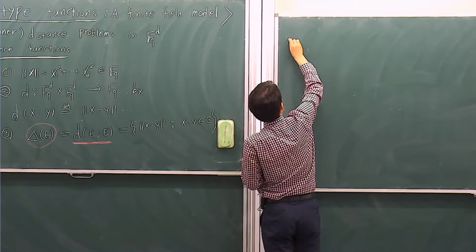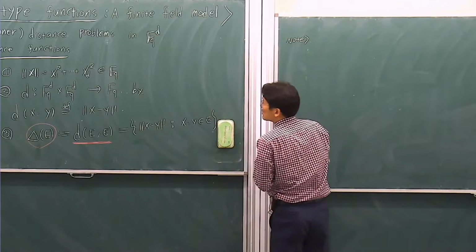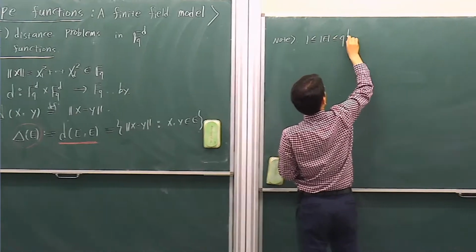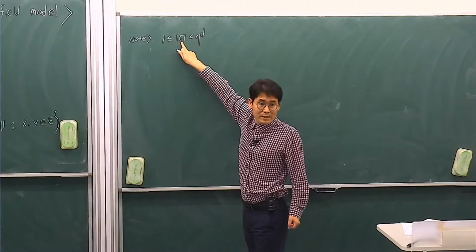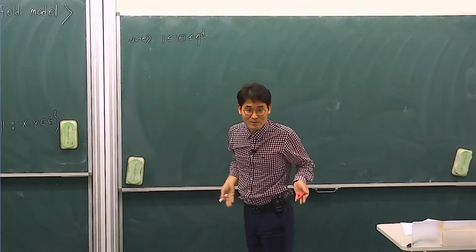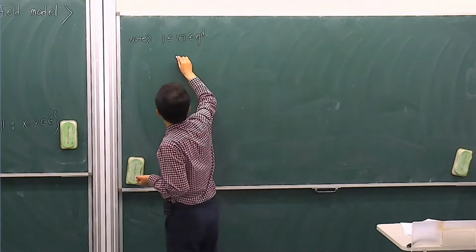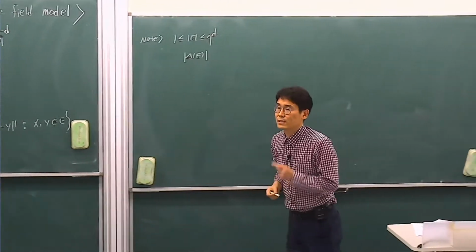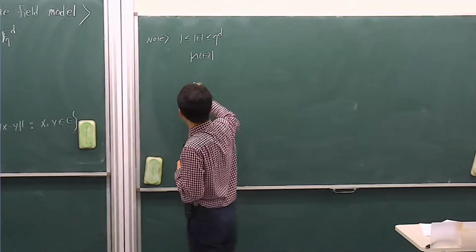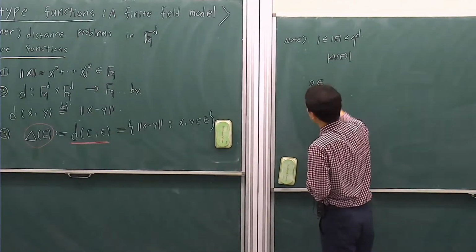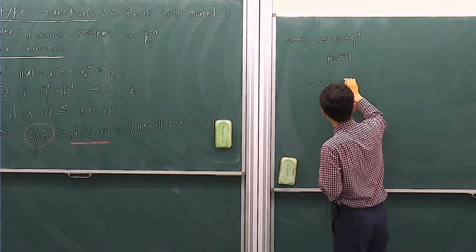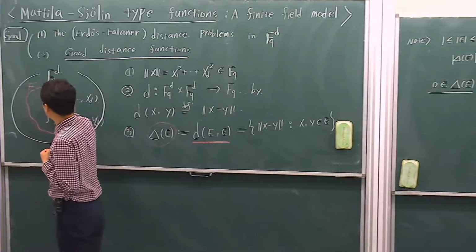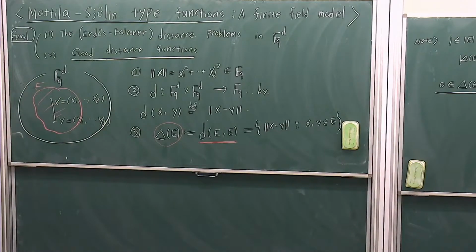Next, let me note the cardinality of E, which is trivial if E is not empty. How about the cardinality of the distance set? It always contains 0, from x to itself, since the distance is always 0.